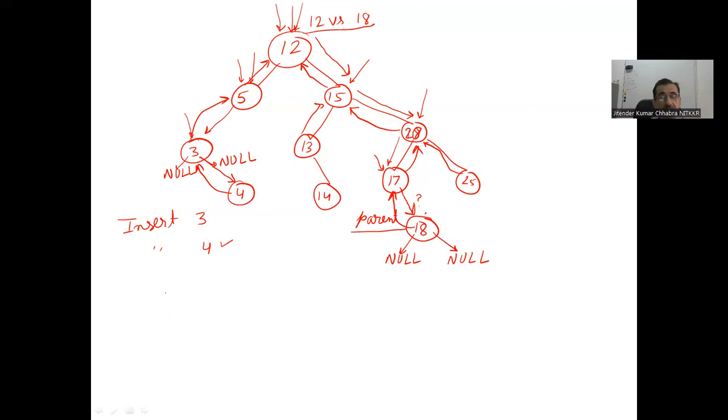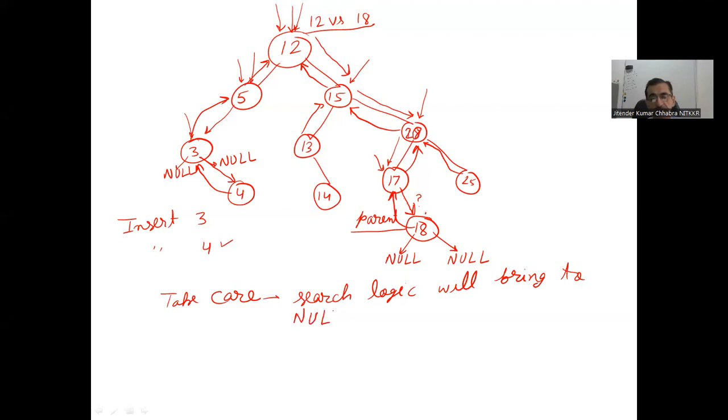The only thing to be taken care of is that if you just use the insertion logic, the search logic will ultimately bring you to the null place. And if you have come to the null place, how will you come to know from which node you came? So you need to maintain a previous pointer so that you know from which node you came to this node.